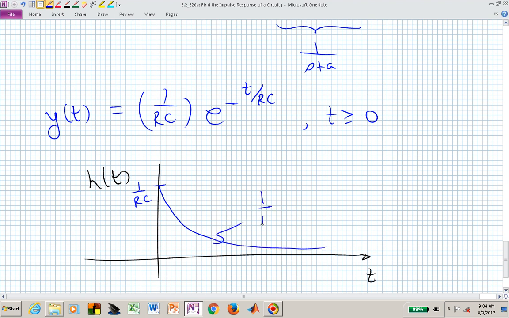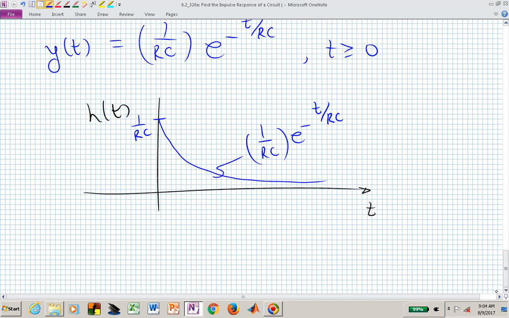Here is now our 1 over RC times e to the minus t over RC. When t is equal to RC, or when we're one time constant into this response, we're now down by a factor of e to the minus 1, or 37% of where we started. So this is now 1 tau, or one time constant, which is RC.